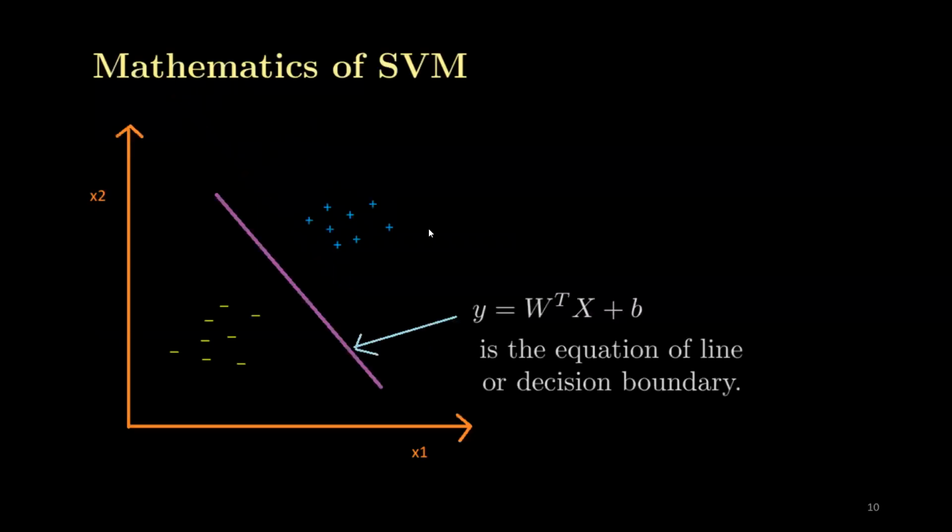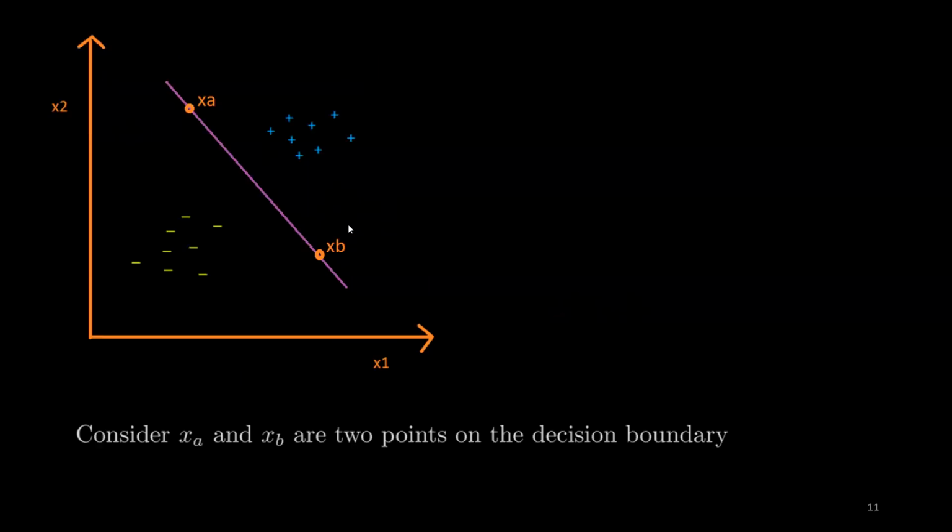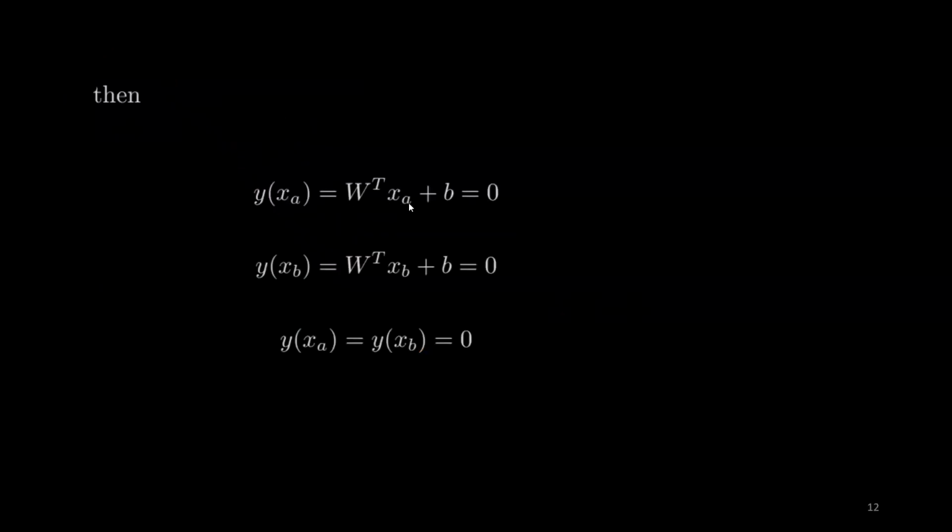First I put XA, in W transpose X plus B, and then I put XB, which gives me two equations.